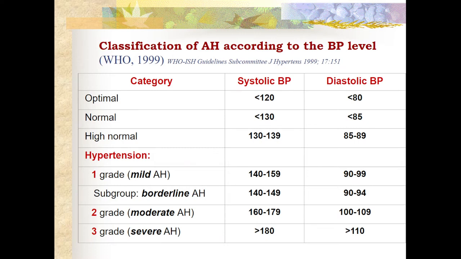And severe arterial hypertension, third grade or third degree, is established when systolic blood pressure is 180 and more millimeters of mercury and or diastolic blood pressure is 110 and more millimeters of mercury.